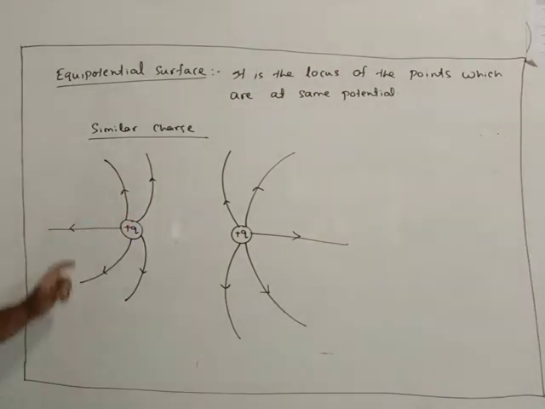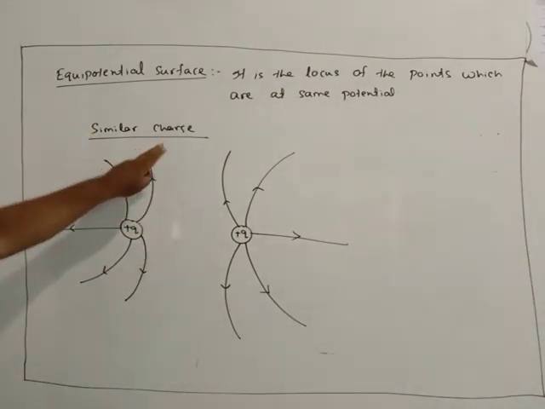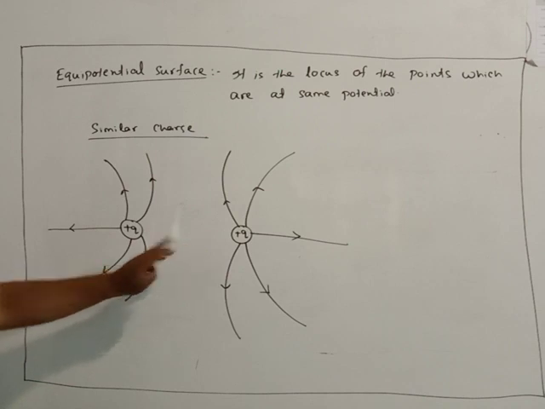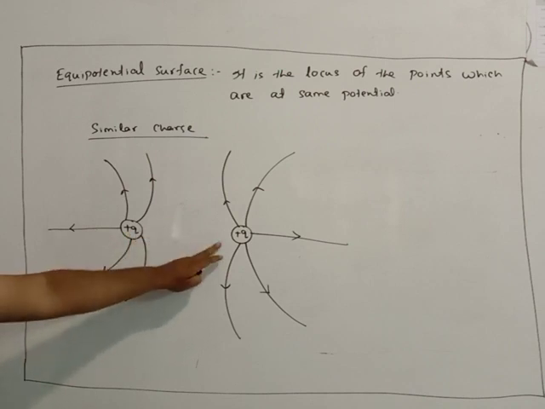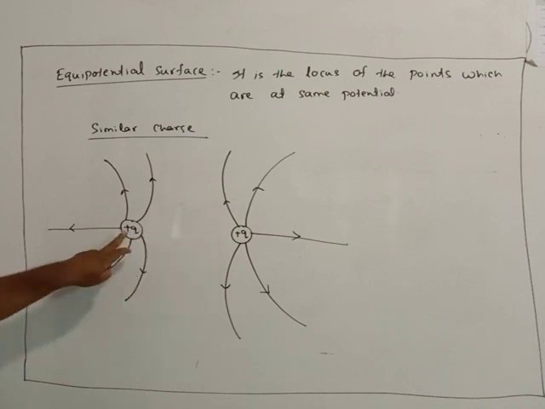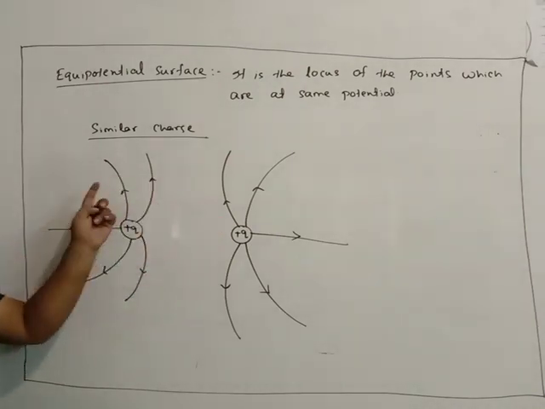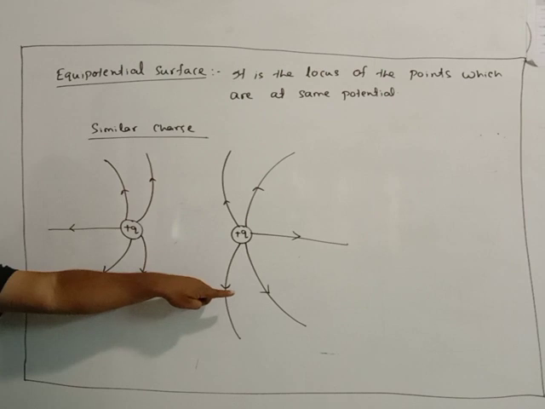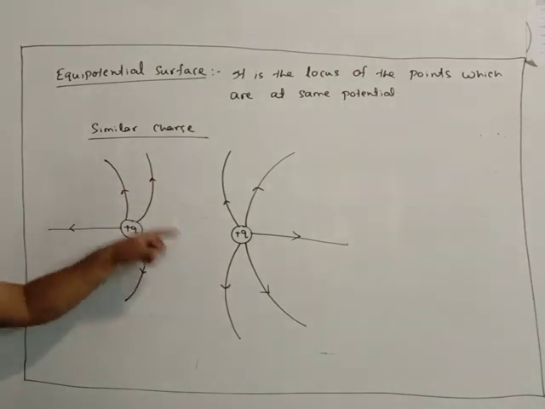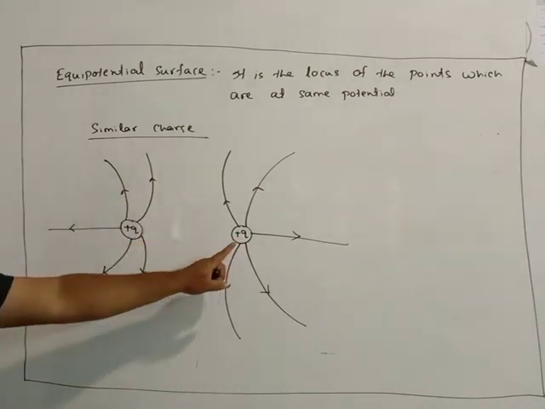So these are the electric field lines for two similar positive charges, similar kind of charges, that is two positive charges. If you take two negative charges, the diagram will be same, only direction will be reversed. Arrow mark will be towards the charge if both are negative.